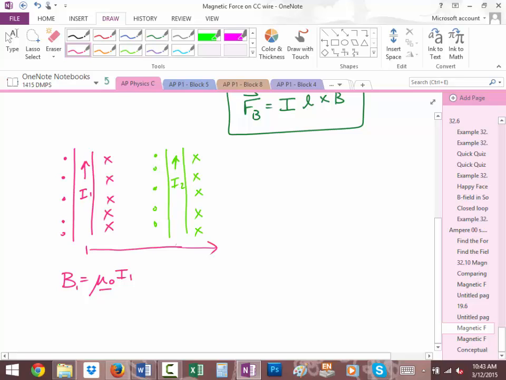Mu naught I1 over 2 pi times however far away you are. We'll call that distance D. And we can say then that B2 is the same thing except instead of I1 it's I2, over 2 pi D.